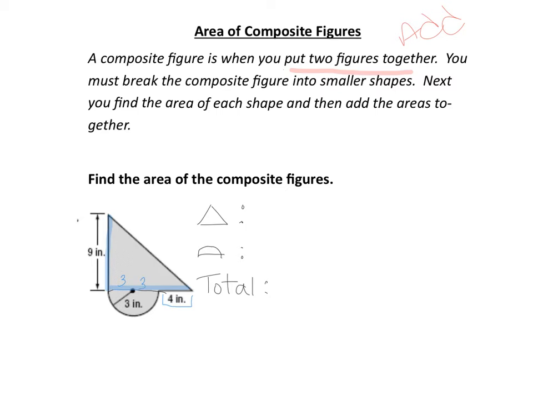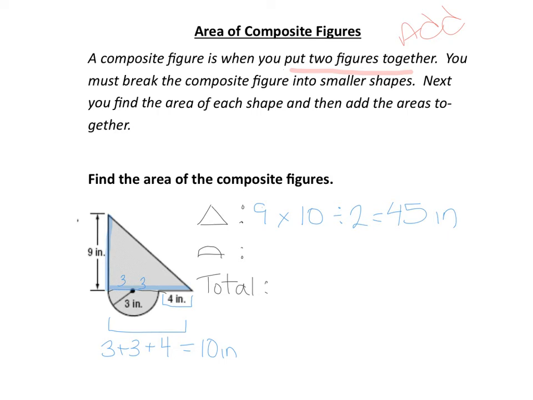Therefore, the base of our triangle is 3 plus 3 plus 4, which is 10 inches. So the area of the triangle is 9 times 10 divided by 2, which gives 45 inches.